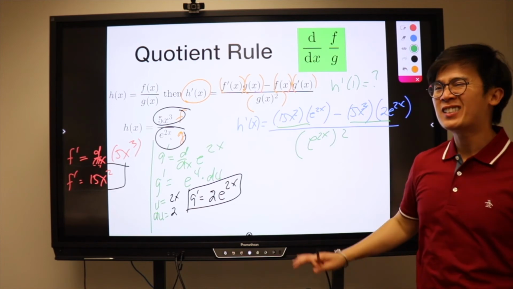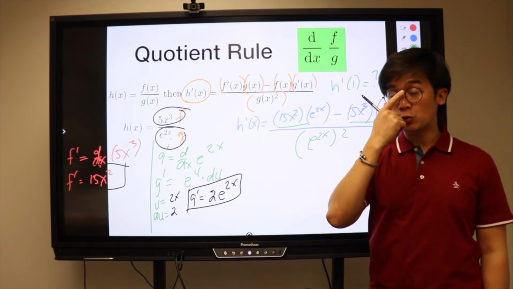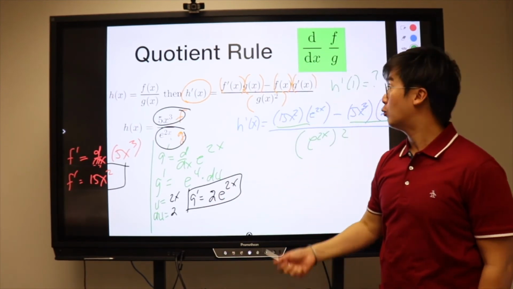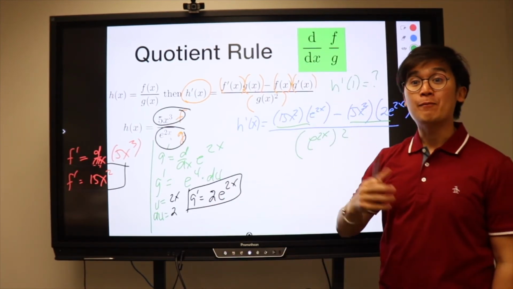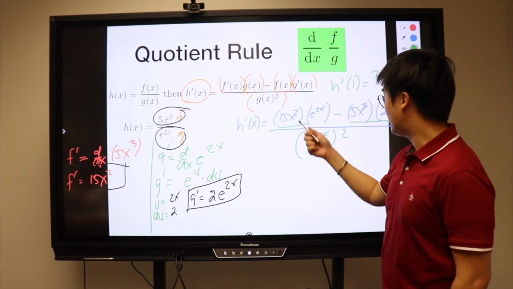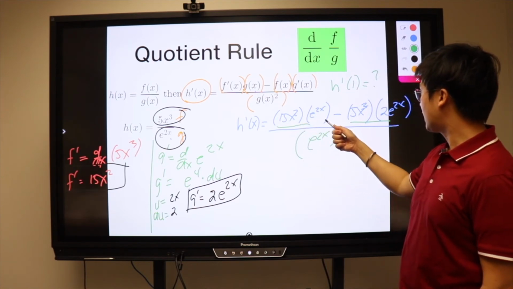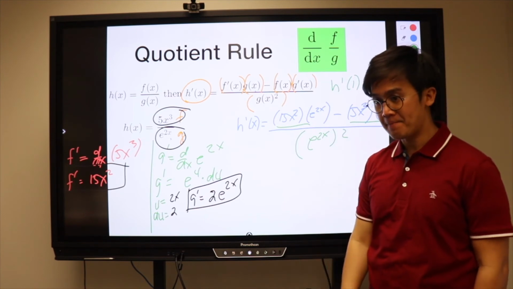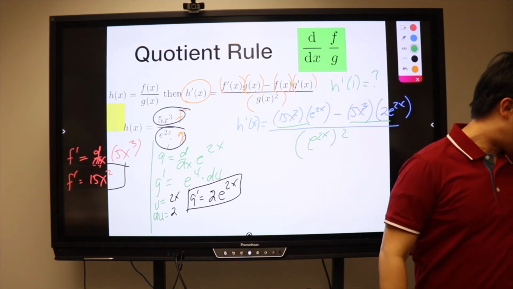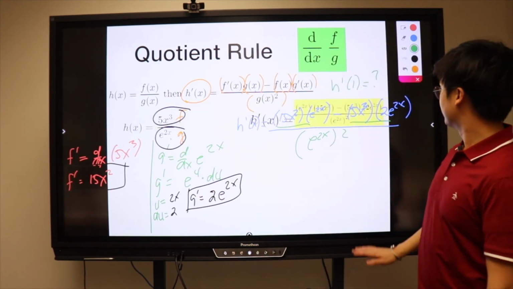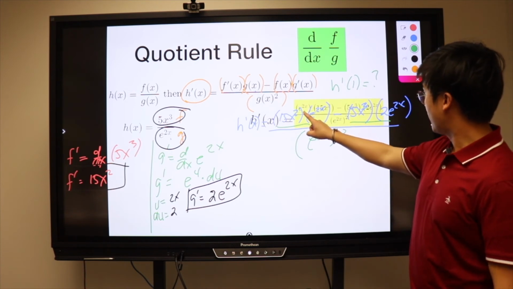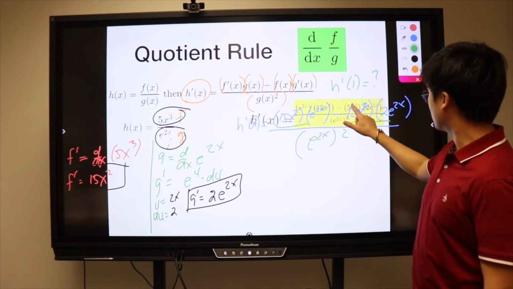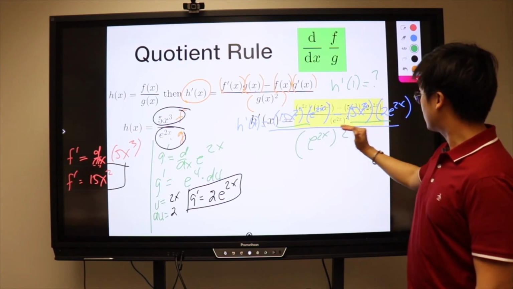That's why sometimes I don't ask my students to simplify it to the simplest form, because most of the time we're looking for an h prime of a number. And when that happens, it will be 15e minus, you got the drill, right? E to the 2x, e to the 2x, 15x squared, minus 5x cubed, 2e to the 2x, e to the 2x.